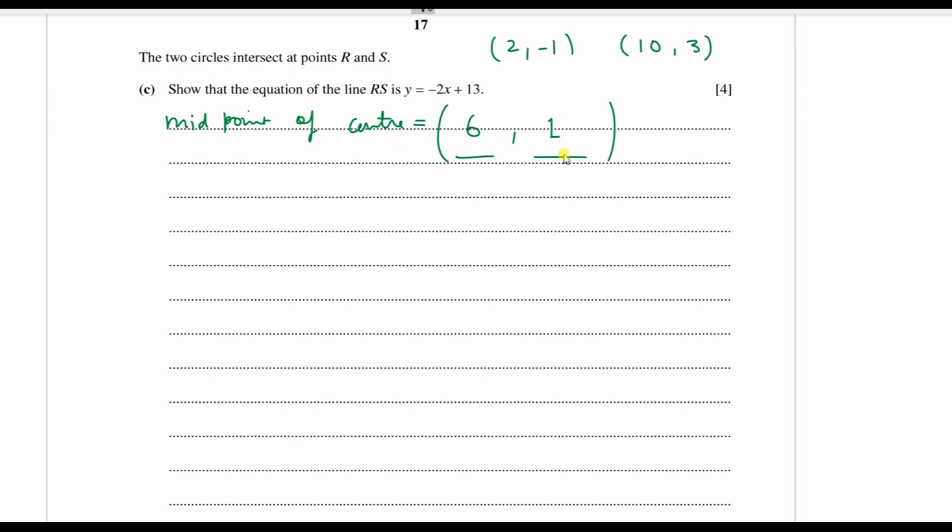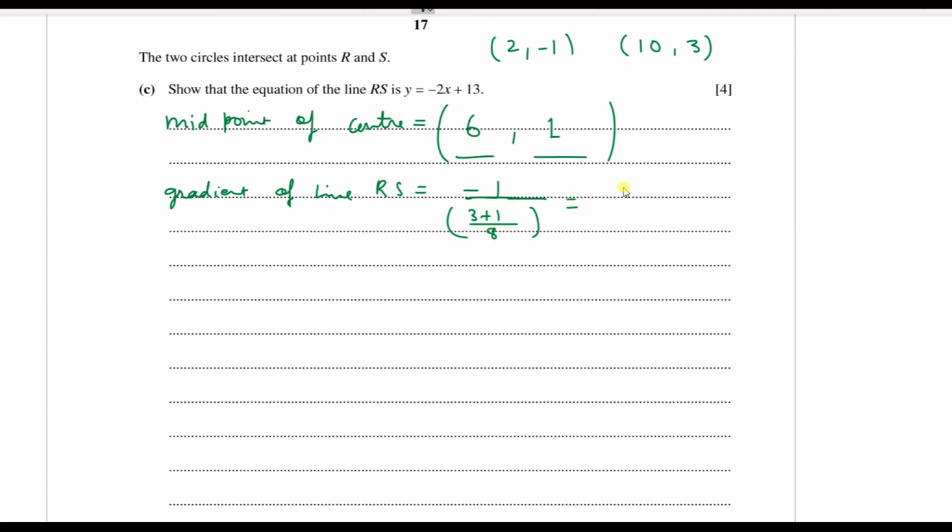So the gradient of line RS is going to be the negative reciprocal of the gradient of the line joining the centers. The gradient joining the two points is y2 minus y1 upon x2 minus x1, that is 3 minus minus 1, that is 3 plus 1, over 10 minus 2, that is 8. It becomes 4 by 8, so the negative reciprocal is minus 2.